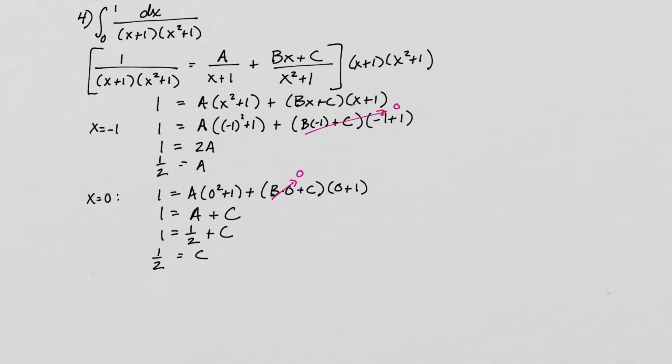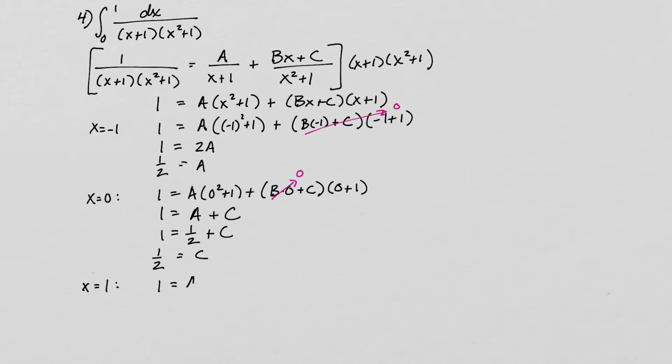And then we can do the same thing. We can pick another value for x so that we can find B, because we'll be able to plug in A and now C. So what's another value you could pick? Yeah, so 1. I figured that's what you meant.